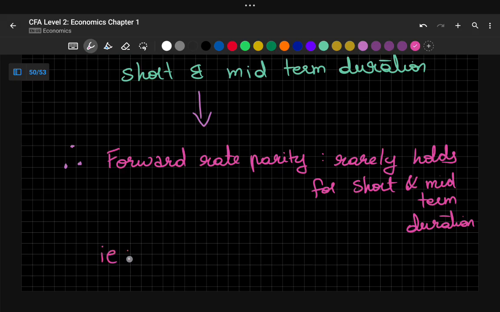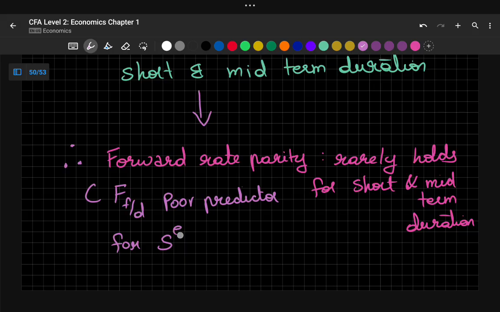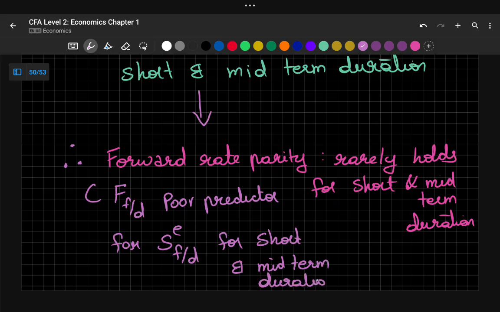That is, it means that forward rates are a poor predictor for the future expected spot exchange rate in short and mid-term, for short and mid-term investment.